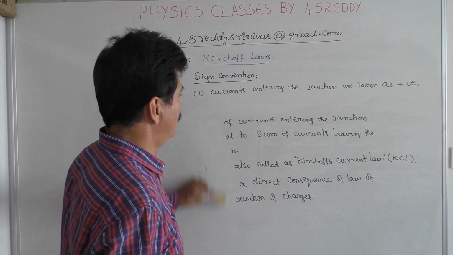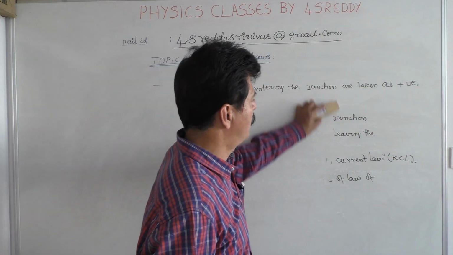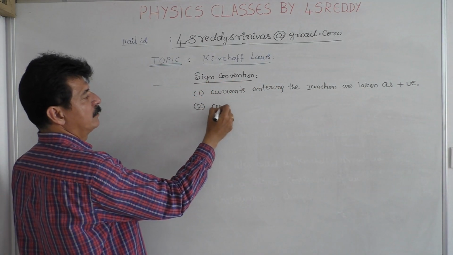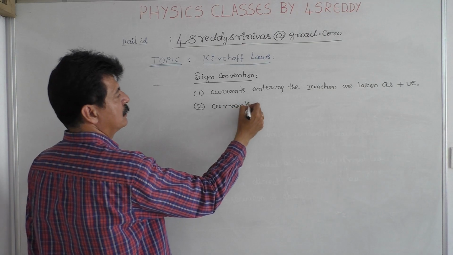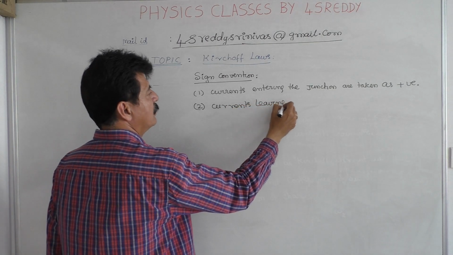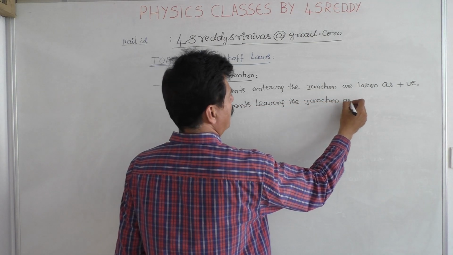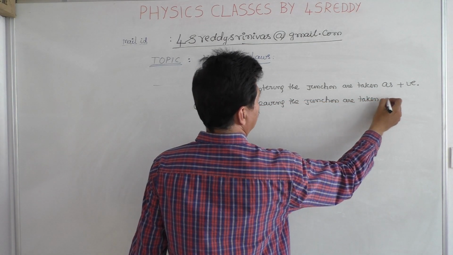Currents entering the junction are taken as positive. Second one, currents leaving the junction are taken as negative.